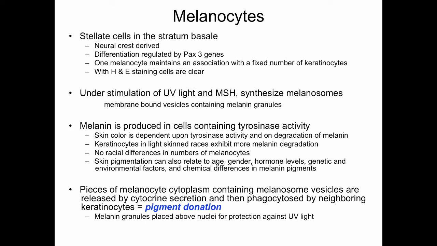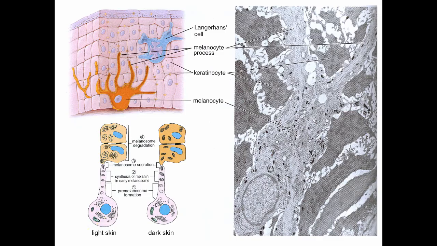Pieces of melanocyte cytoplasm containing melanosome vesicles are going to be released by cytokine secretion from the melanocyte, and then they're going to be phagocytized by neighboring keratinocytes. That process is called pigment donation. And then once the melanin granules get into the keratinocytes, they're going to be placed above the nuclei, and it's thought that that occurs to protect the DNA against UV light.